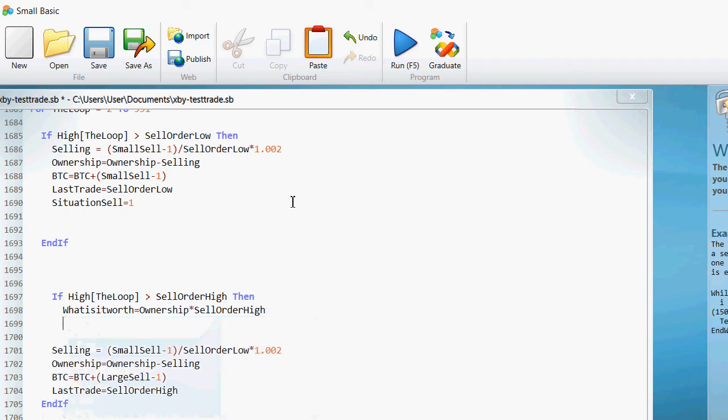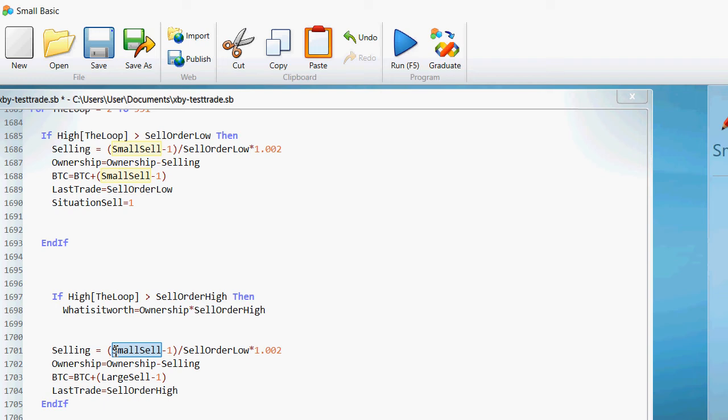Okay. So therefore, now I know what I would have. So what I'm selling is my ownership minus 1. Because at this point, say I put 1.2, 1.7, and now it's going to be like 1.5.